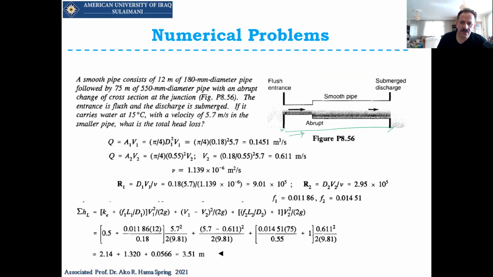First of all, we have to consider that we have two types of head losses: the head loss due to friction plus the head loss due to the minor ones. For the friction, we have the pipe from here to there, and you can see we have two pipes, so we have to consider this part and this part along.